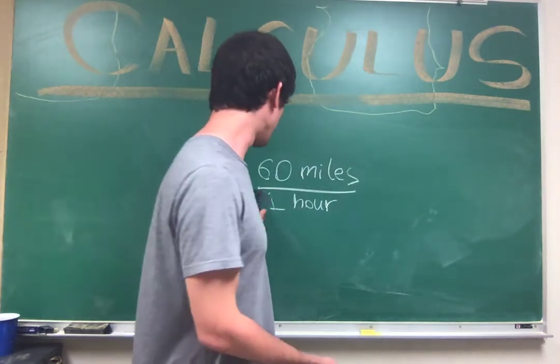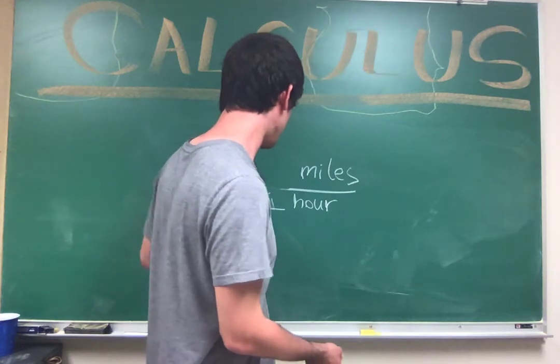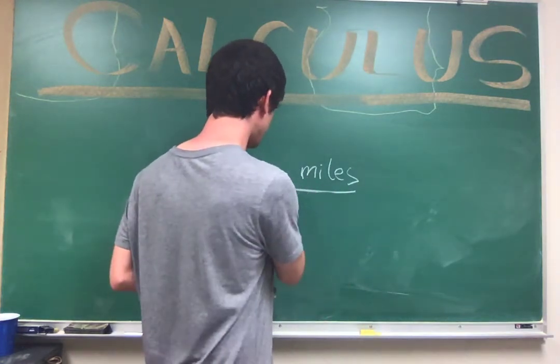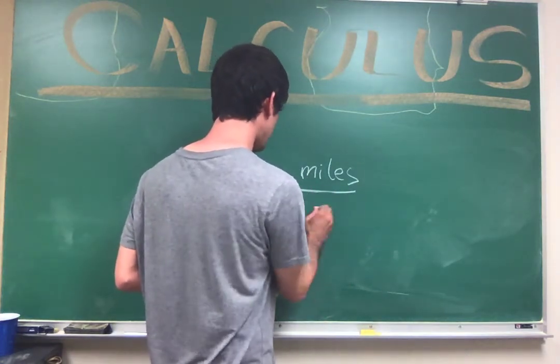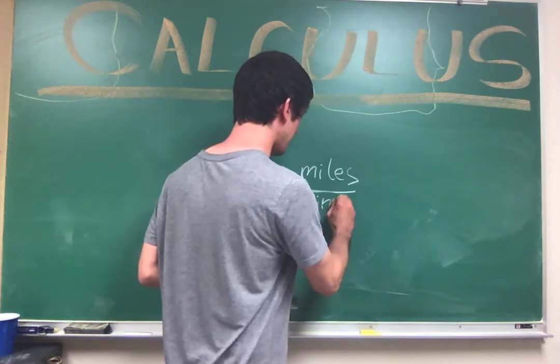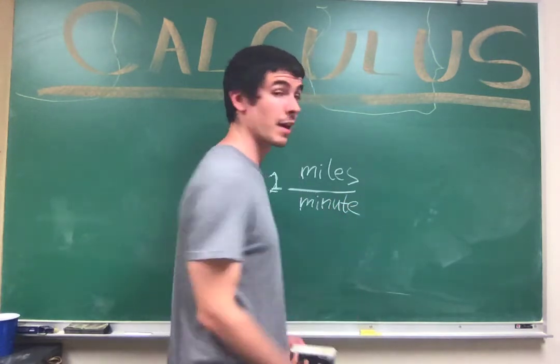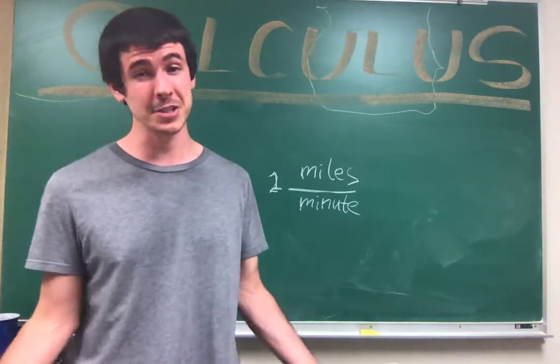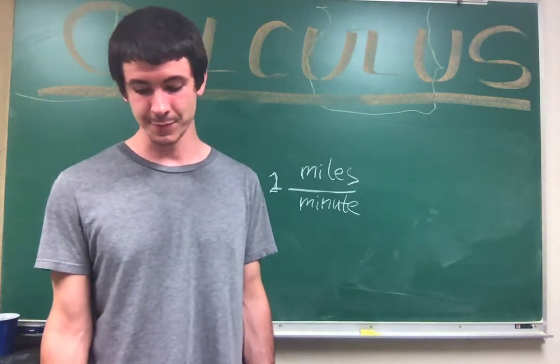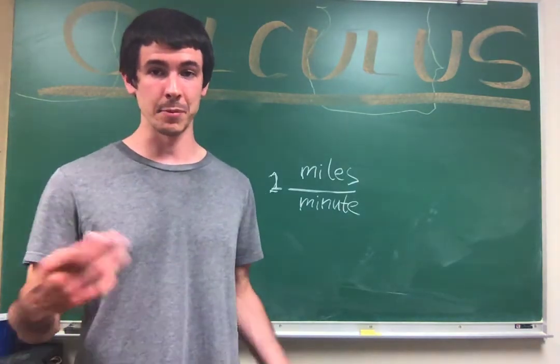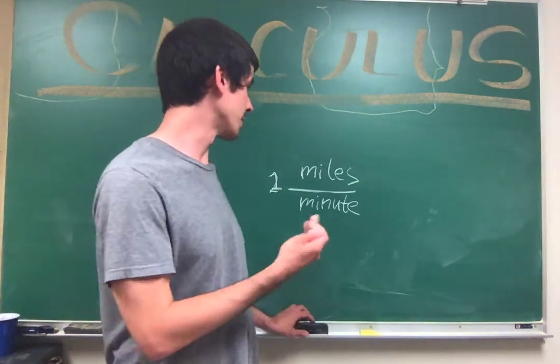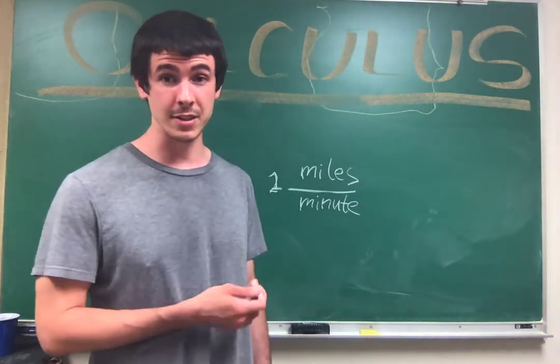So we can immediately change this to 1 mile per minute. So now we only need to go 1 mile to have the measurement, but of course you're not going to be going exactly the same speed for a whole mile even necessarily.